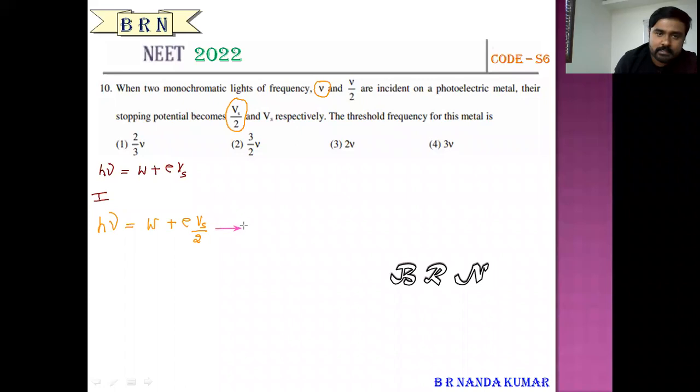So call this equation number 1. In the second case, the frequency is nu by 2.